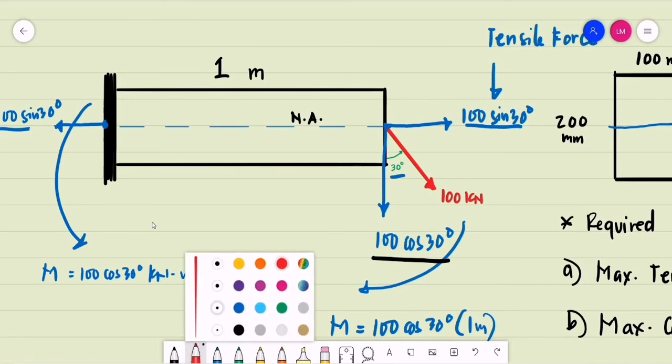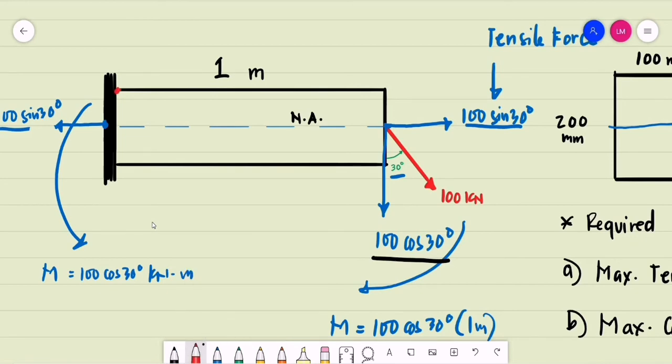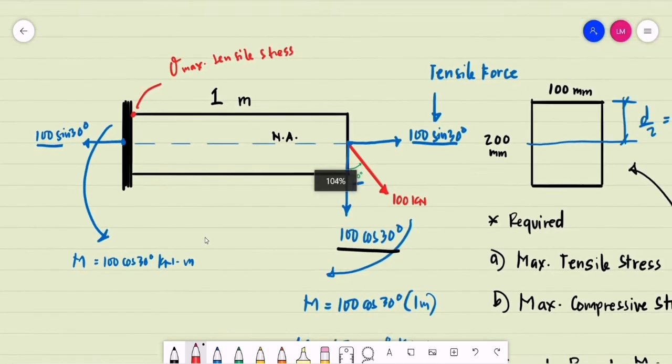We are considering this extreme fiber at the fixed support. So this is the maximum tensile stress, acting on the extreme fiber on the top of the beam.